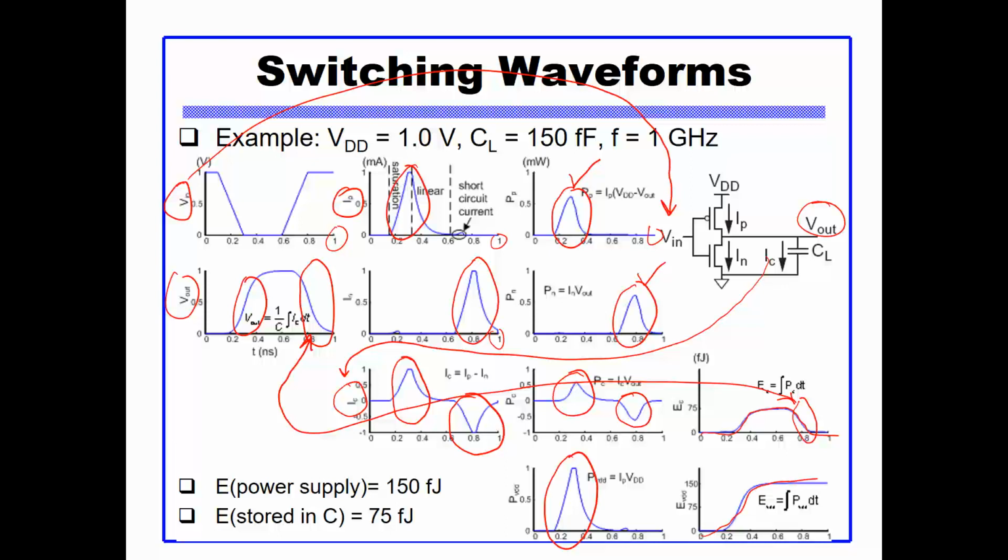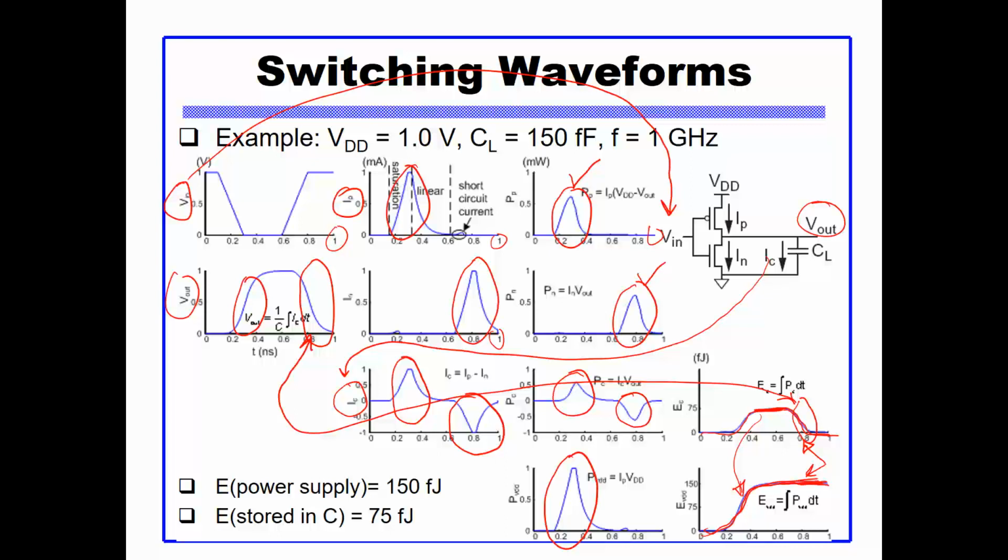And the interesting thing here is that there's a different profile for the energy and the load. The energy that comes from the power supply, it is taking from it and stays at the same level, but the energy in the capacitor is half of that amount, and also it gets discharged, right, when we switch the input.